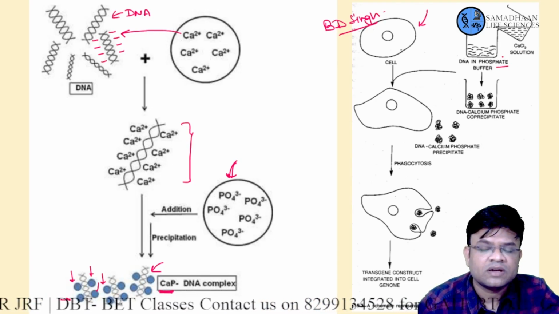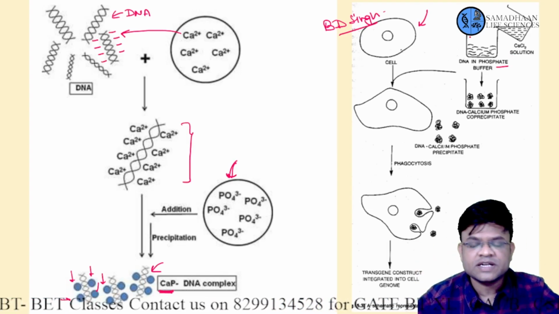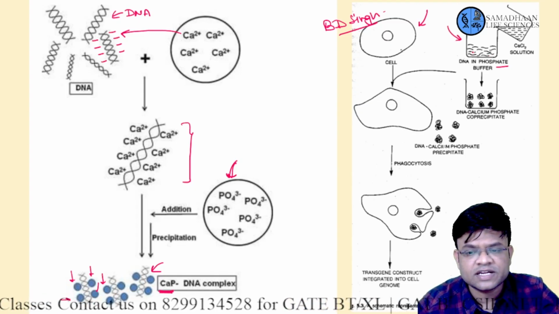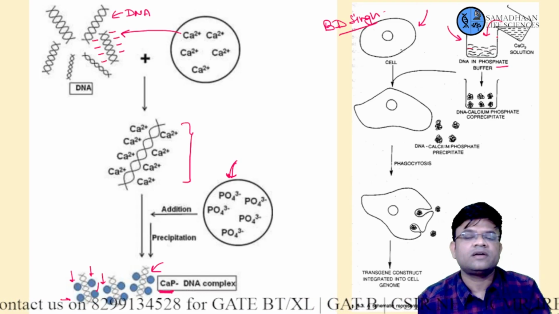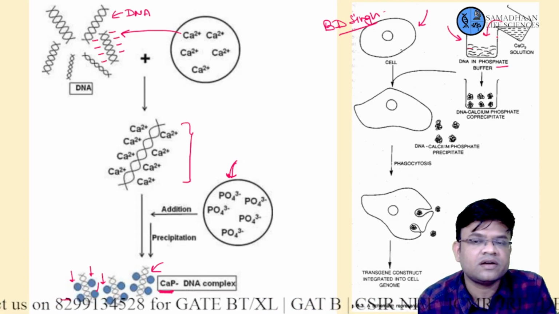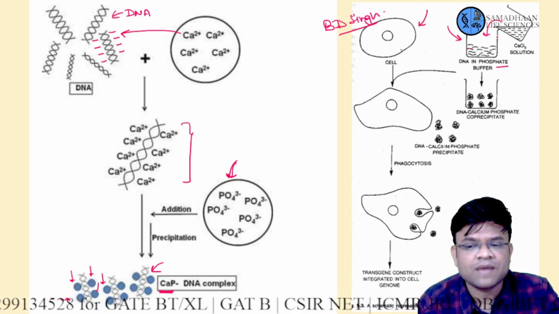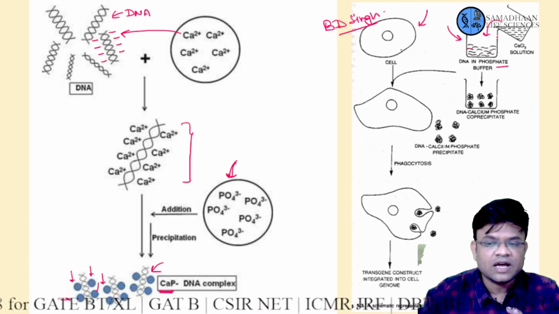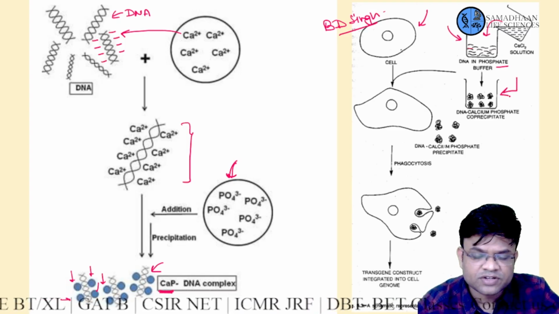Firstly the DNA is present inside the phosphate buffer, and you add calcium chloride onto it, as I said earlier when I was describing the entire process. Because of this, the DNA was interacting with the phosphate, and now calcium will also enter. So DNA calcium phosphate co-precipitation will be occurring.